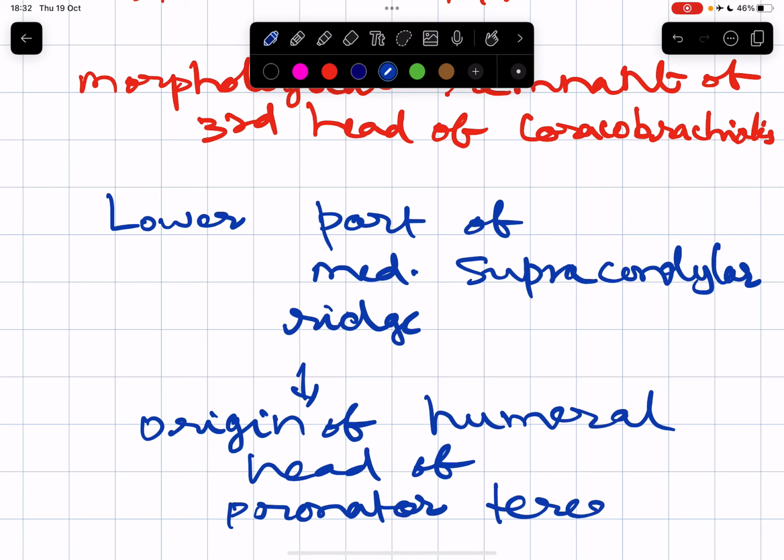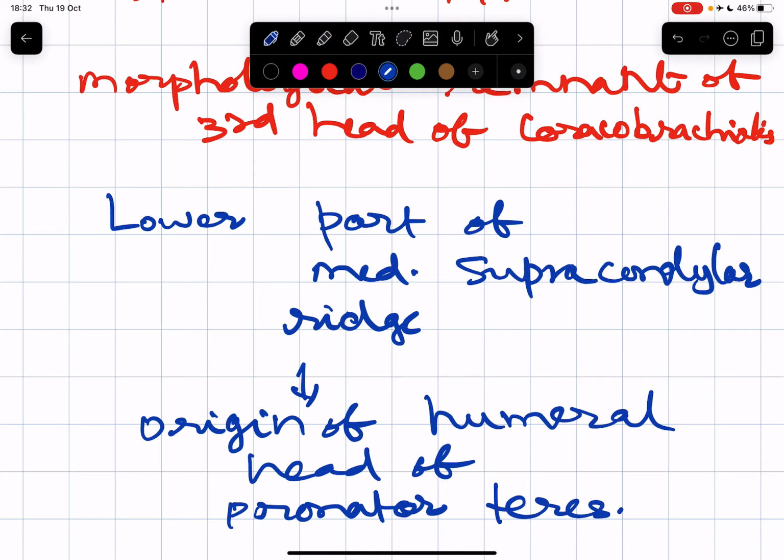So the pronator teres muscle takes origin from the lower part of the medial supracondylar ridge. What is the medial supracondylar ridge? The lower thickened part of the medial border of the shaft of the humerus. Alright, so that's about the anteromedial surface.